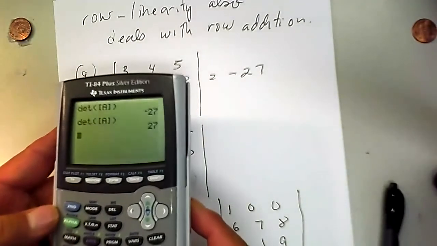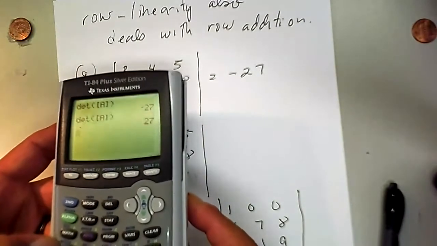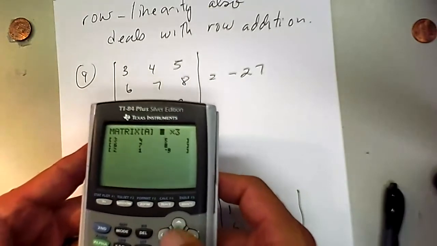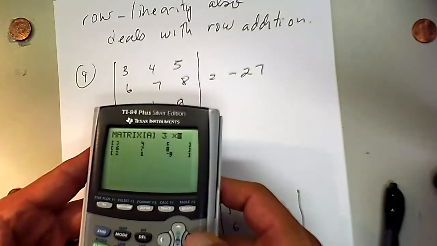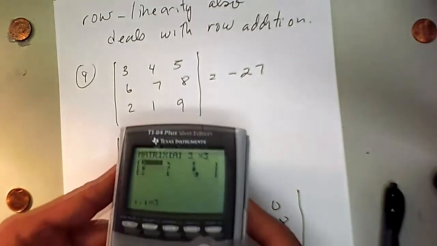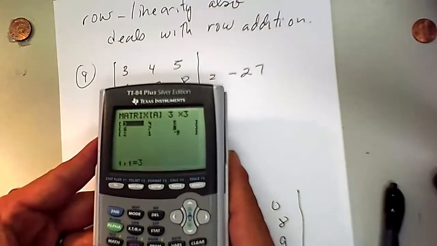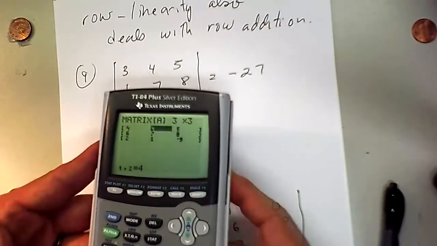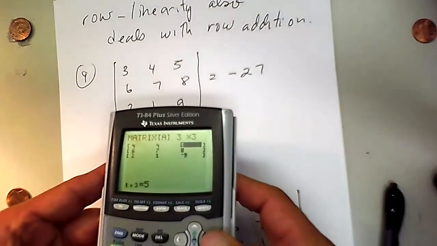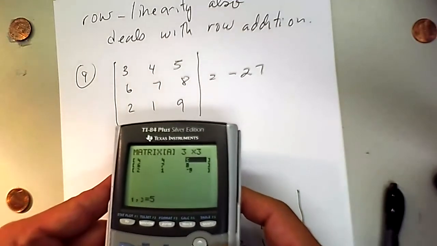But as usual, I'm going to check with the calculator. So I'm going to edit and we're going to change that into a 4. 4, 5, 6.